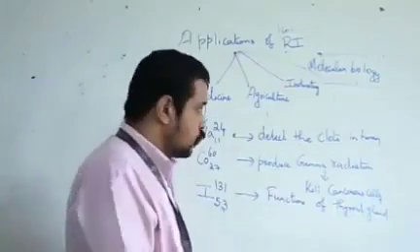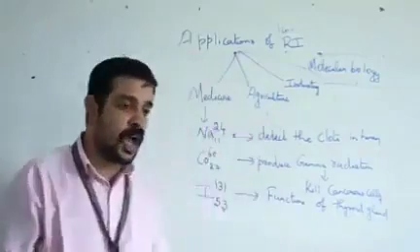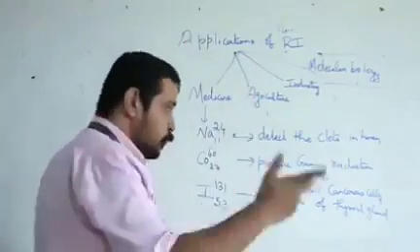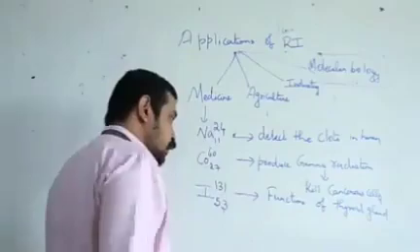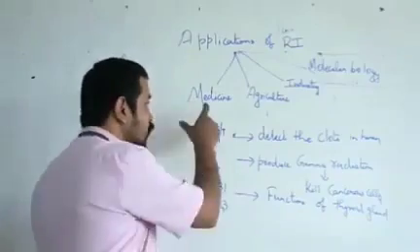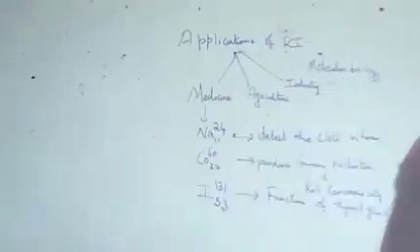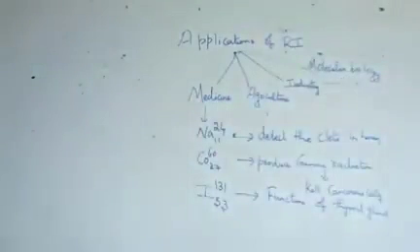So these many disadvantages we also have, but since we are discussing the applications of radioisotopes, we should not think about that. These are the applications of radioisotopes in the field of medicine. Now, we will discuss the application of radioisotopes in the field of agriculture in the next class.